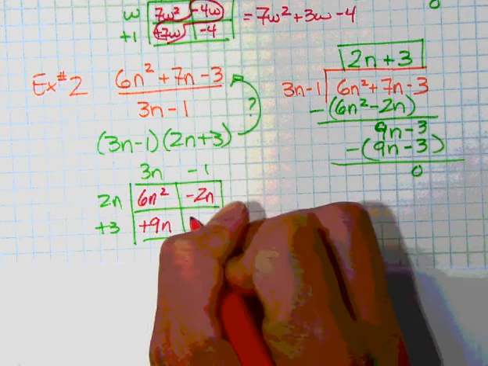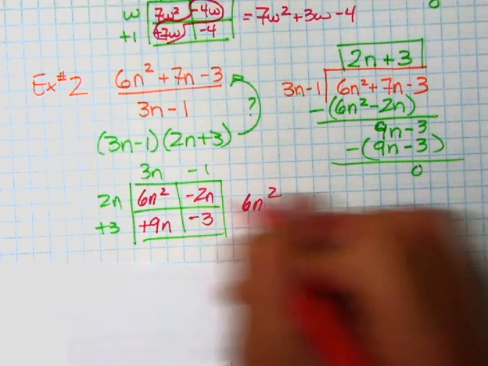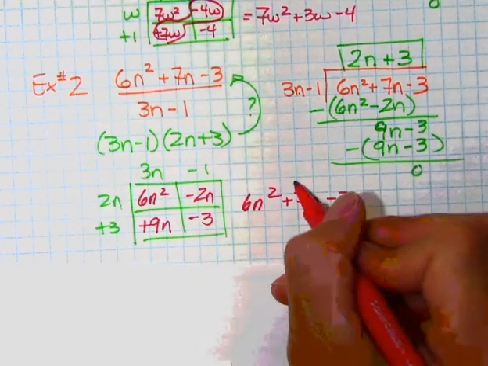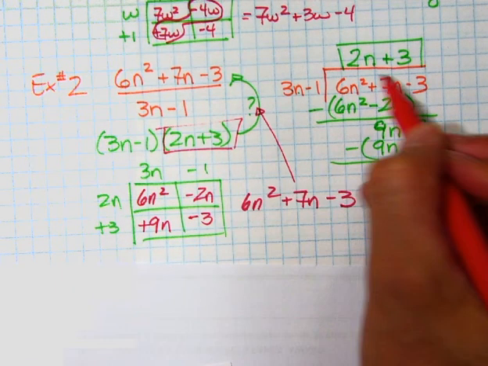I fill this out and see what I get. 6n squared minus 2n plus 9n minus 3. First term is 6n squared. The next two combine together to give me 7n, and then I get my negative 3. And sure enough, yes, it does work out. So this is my answer right there. Hopefully that helped you out with some dividing with binomials.